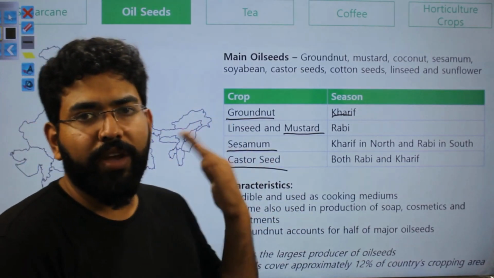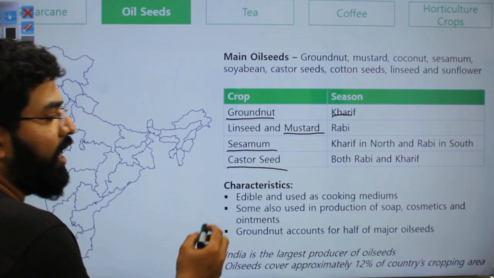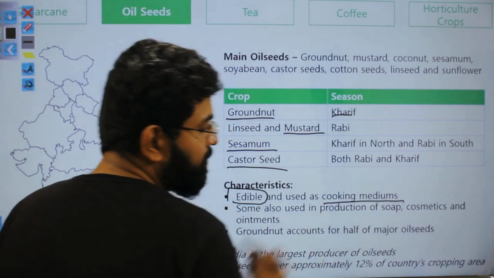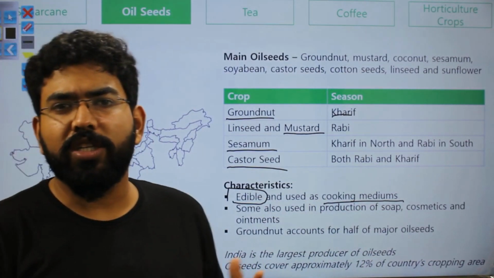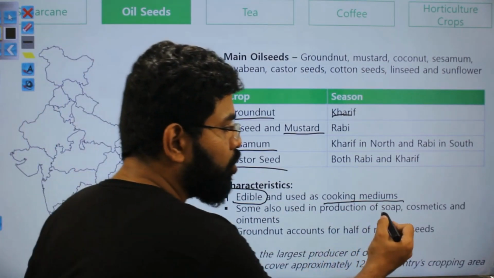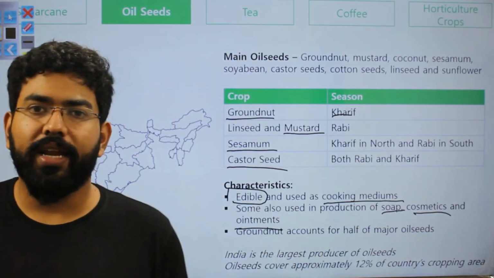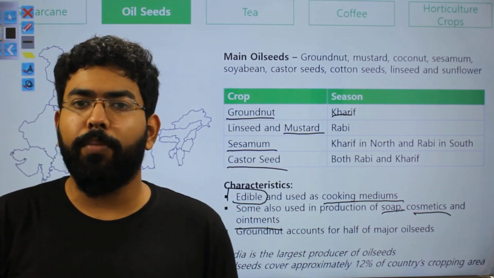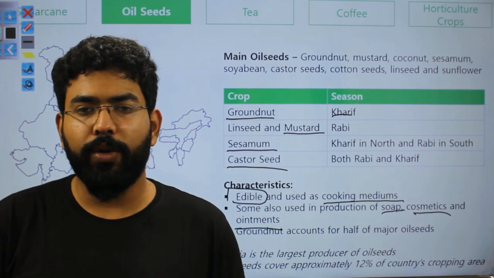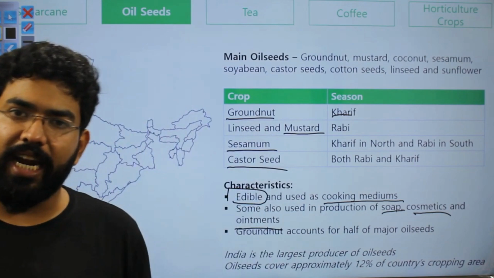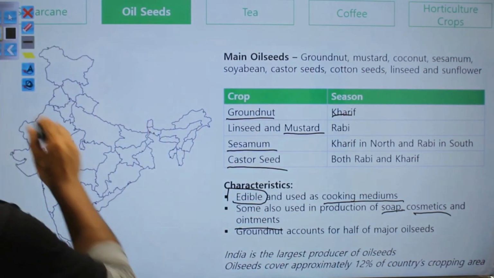These are your various oil seeds, and they are edible and used as cooking mediums. They are also used for production of some chemicals like soap, cosmetics and ointments. Groundnut is the most important oil seed that you need to remember. So this is about oil seeds, and India is the largest producer of oil seeds in the world.